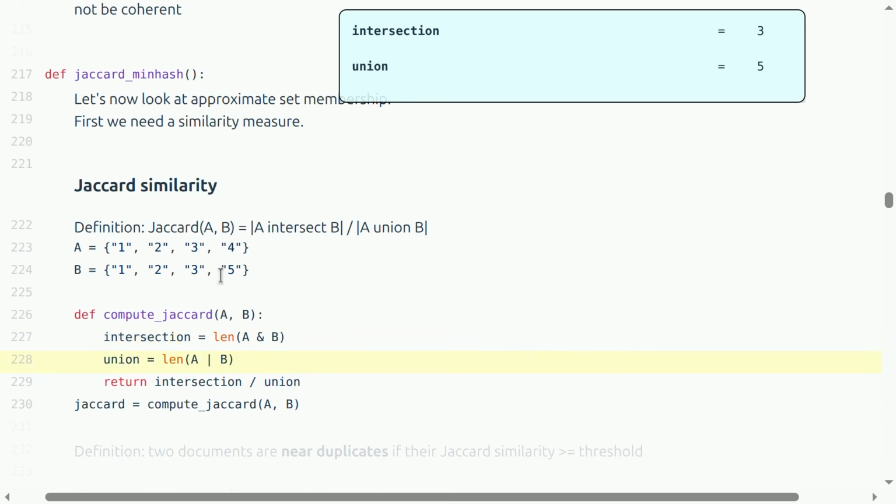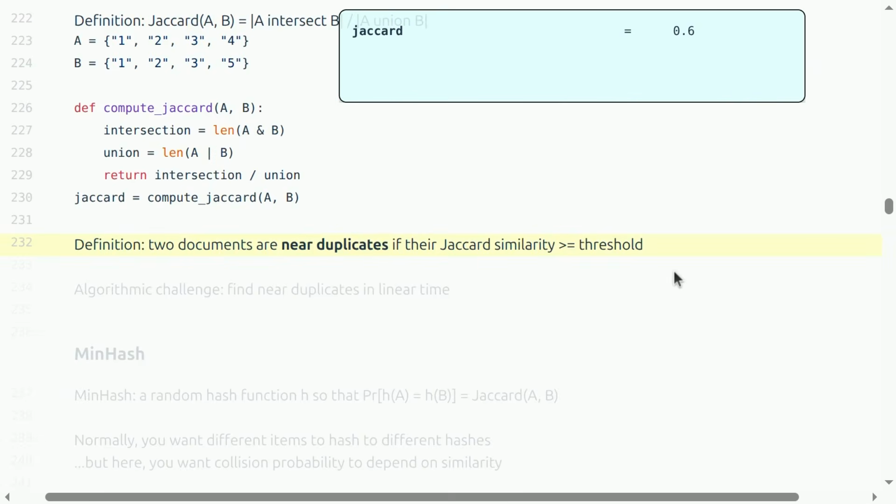You take the union, that's 1, 2, 3, 4, 5, and you divide, and the Jaccard is 0.6. So the Jaccard is a number between 0 and 1. 0 means that they're disjoint. 1 means that they're identical. A fairly natural notion. And we're going to say that 2 documents are near duplicates if their Jaccard similarity is above some threshold, let's say 0.99. So now the question is, how do you find near duplicates in linear time?